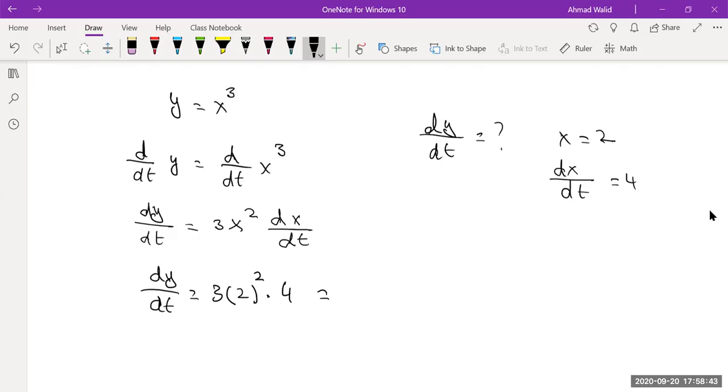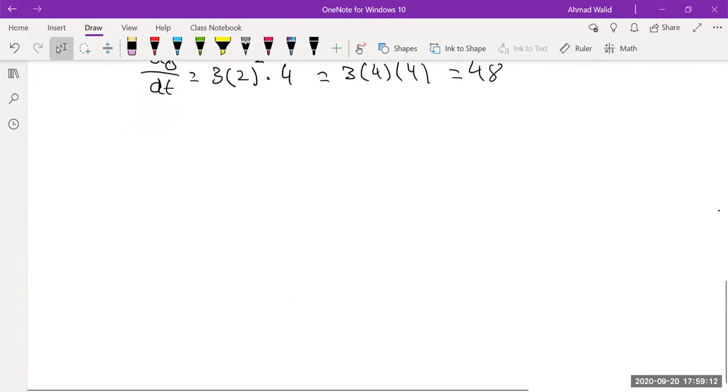If you multiply, it gives you 3 times 4 times 4, which is what? 48. Whatever the unit is, 48 centimeters per second, or maybe 48 feet per second, whatever the unit of calculation is, it gives you the rate. Correct? That was your example 1.